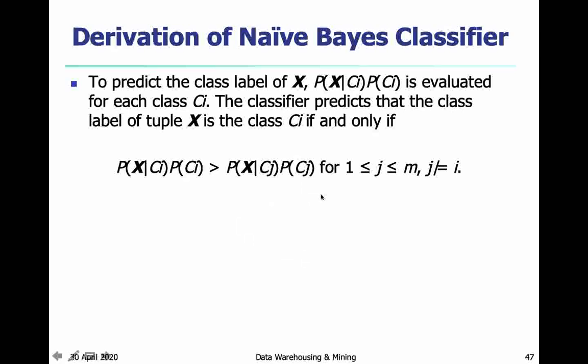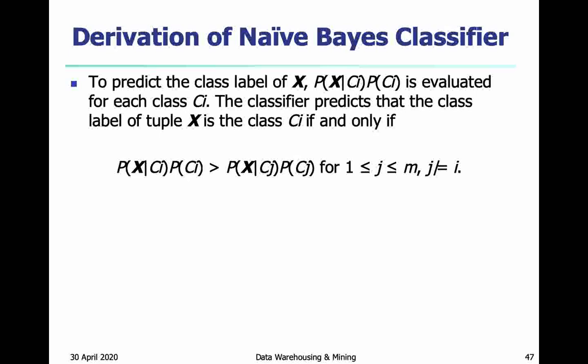Means the predicted class level is the class Ci for which P(x conditioned on Ci) into P(Ci) is the maximum, right? So these are the steps of the naive Bayes classifier.